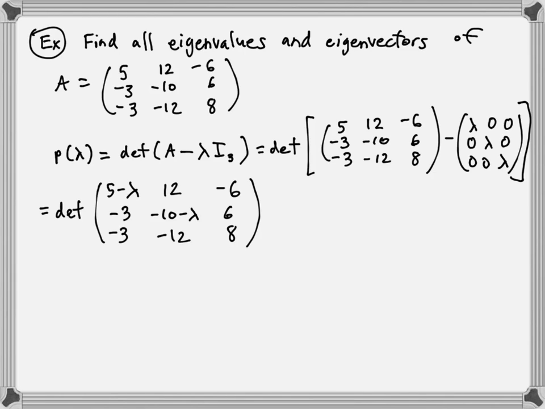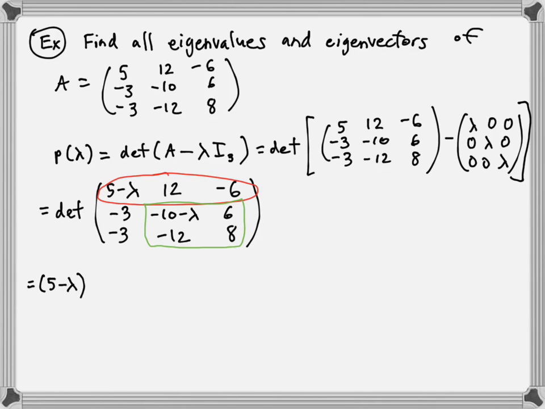What I'm going to do is expand on the top row. We're going to be really careful here because this is going to involve a lot of heavy algebra. Let me write it this way. This is going to equal 5 minus lambda times, remember, we are looking at this matrix here, the determinant of this smaller 2 by 2 matrix.